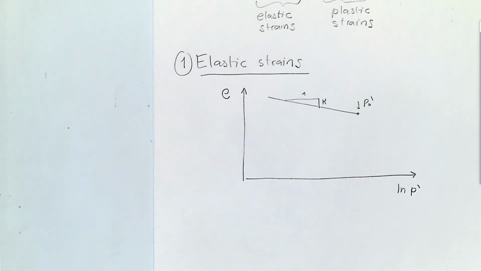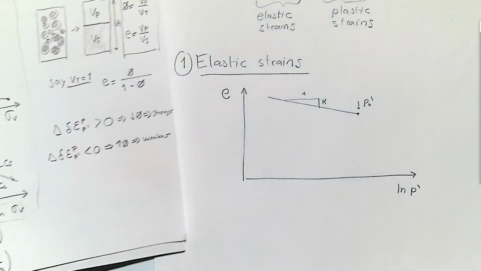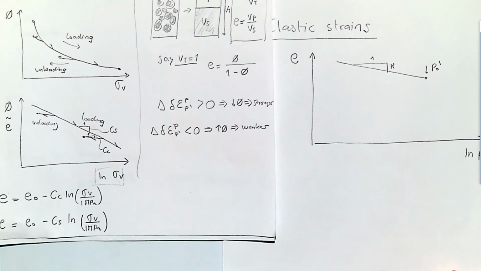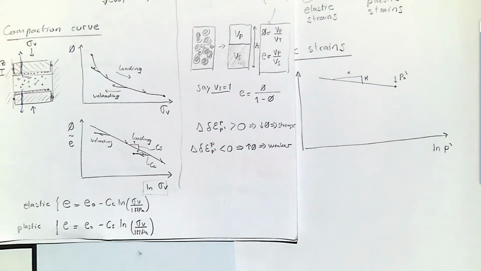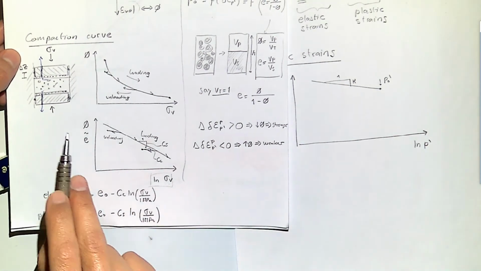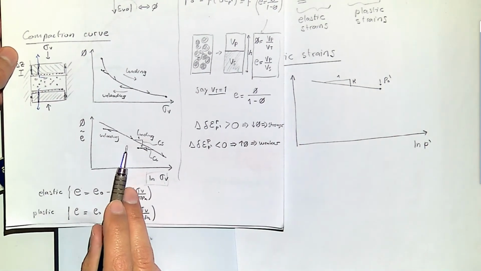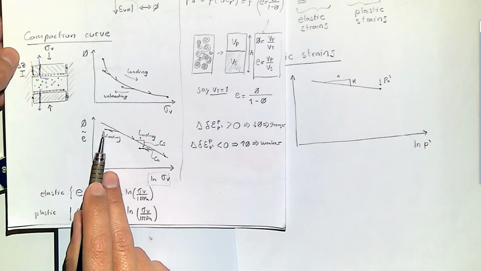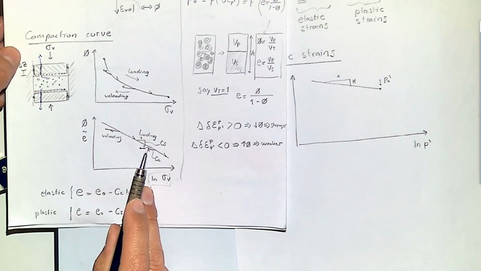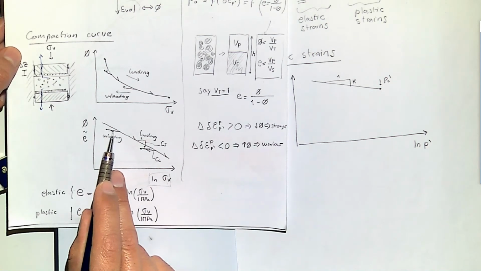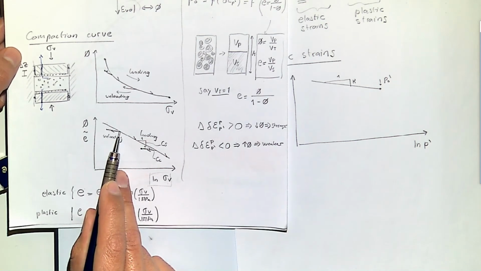Please remember that this is almost exactly the same as what we discussed before with the compaction curve under one-dimensional strength condition, where we have unloading and reloading, and then after loading, now we are on this part of the curve before the yield point.